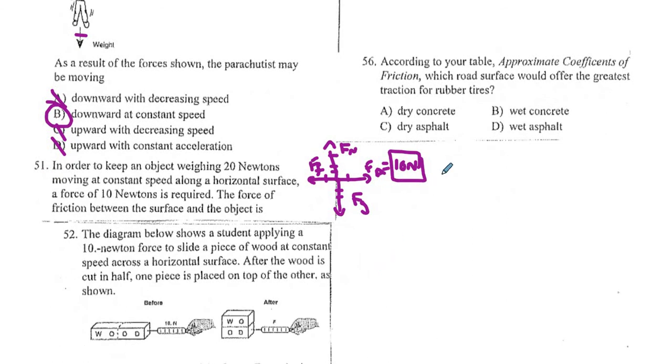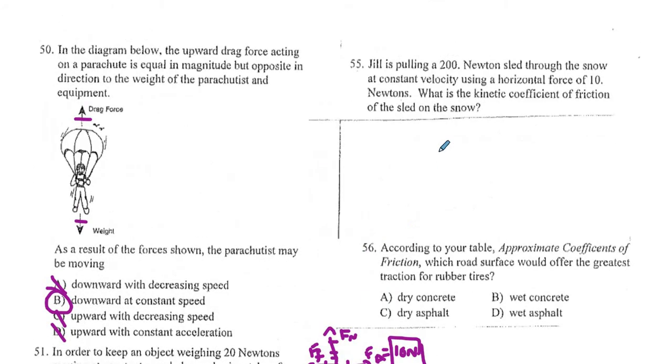All right, second to last one on this page. Jill is pulling a 200 Newton sled through the snow at a constant velocity using a force of 10 newtons. What is the kinetic coefficient of friction? We have to go back to the diagram, same diagram as before. Let's see if I can get my normal force straight up. There we go.